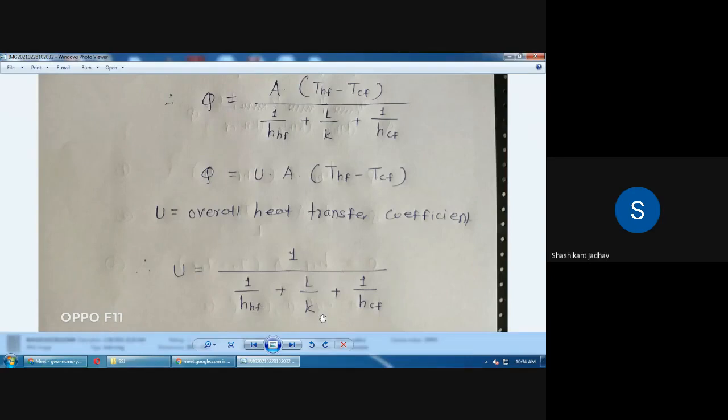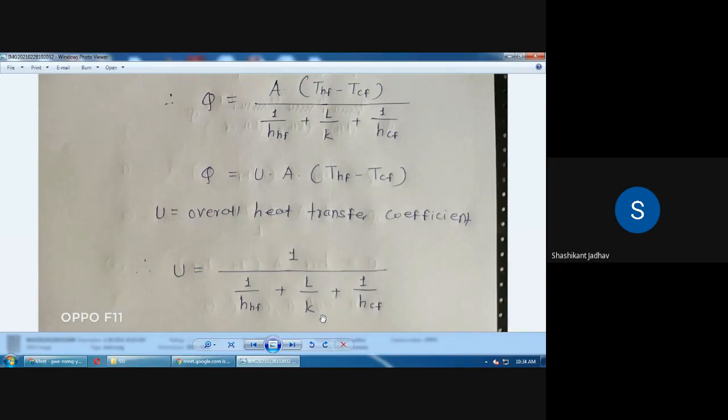Now we have to solve problems related to these 4 derivations. First the plane wall, then thermal diffusivity, then the composite wall, and then the overall heat transfer coefficient. So first we take a simple problem on the plane wall.